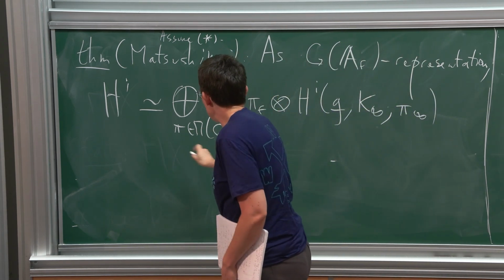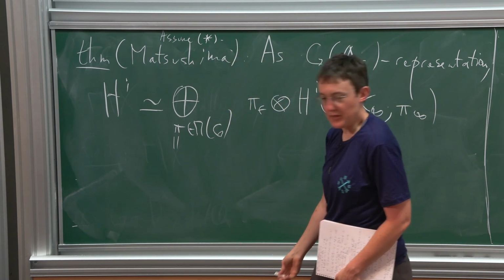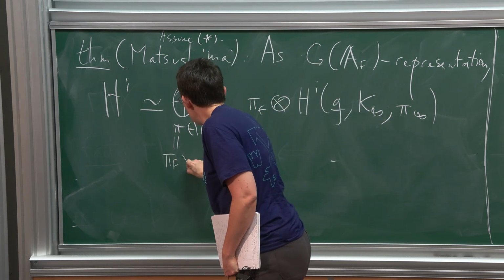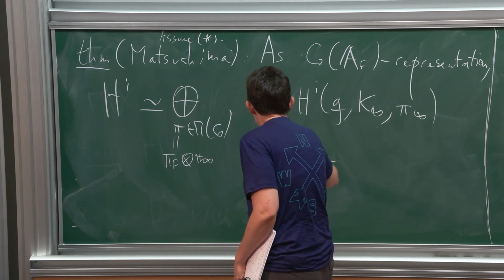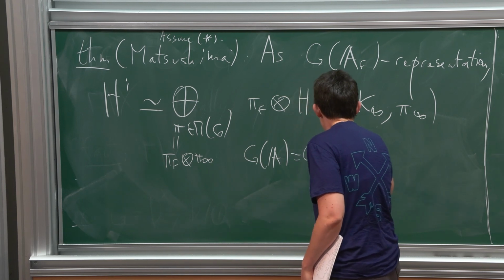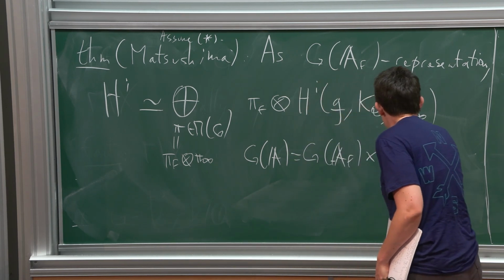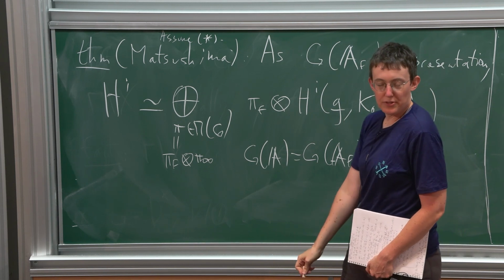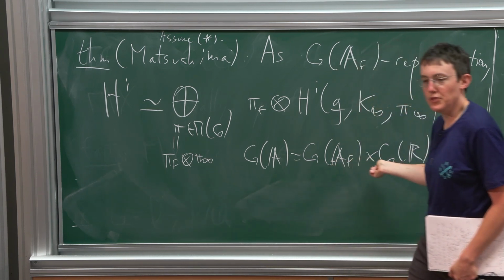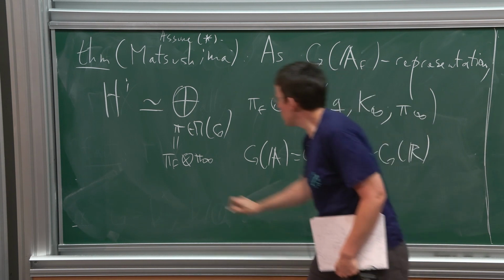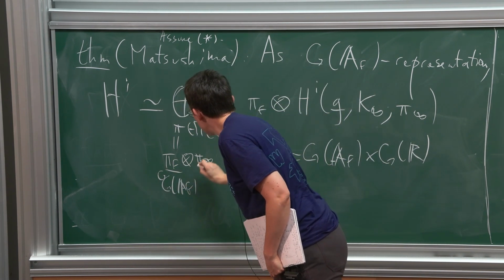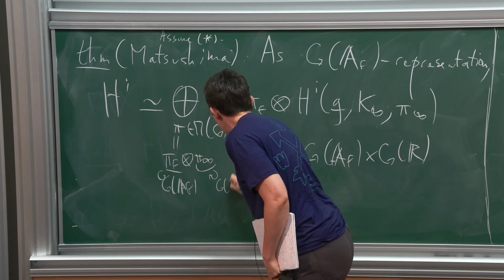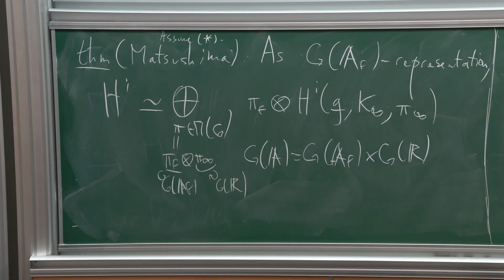So if I have pi, an irreducible representation of G of A, and G of A is a product of G of AF and G of R, then pi decomposes as a tensor product of representations of these groups. This is an action of G of AF, this is an action of G of R. And I forgot the multiplicity.